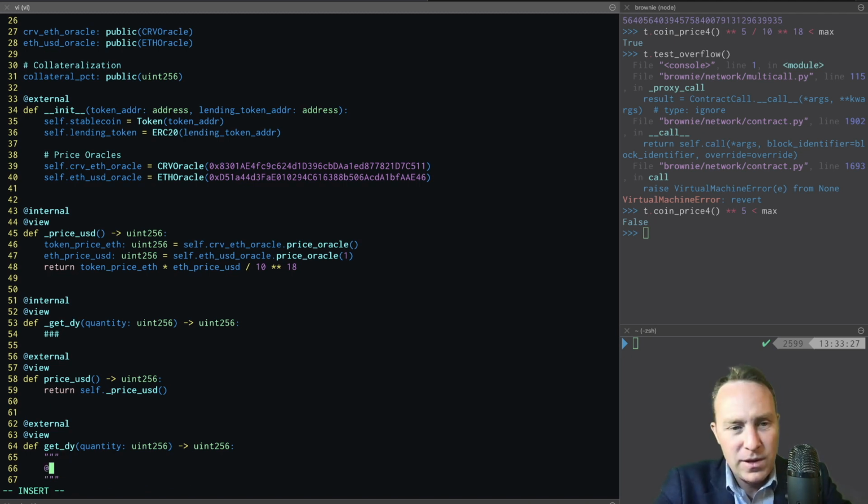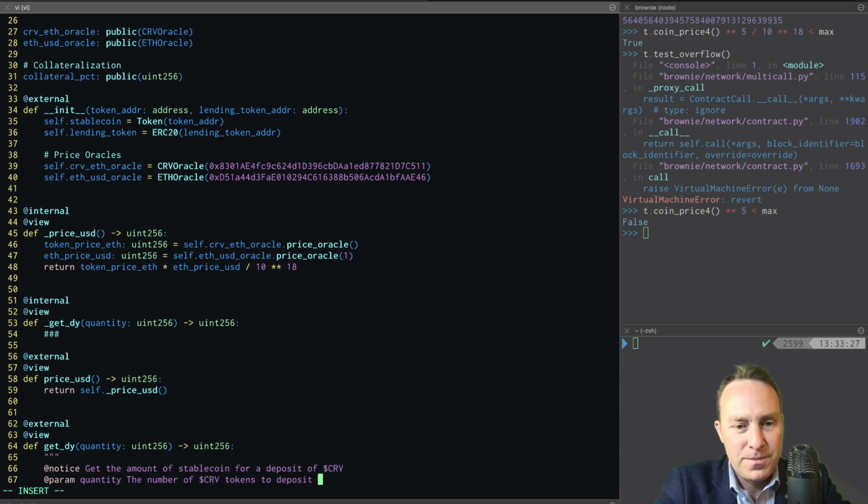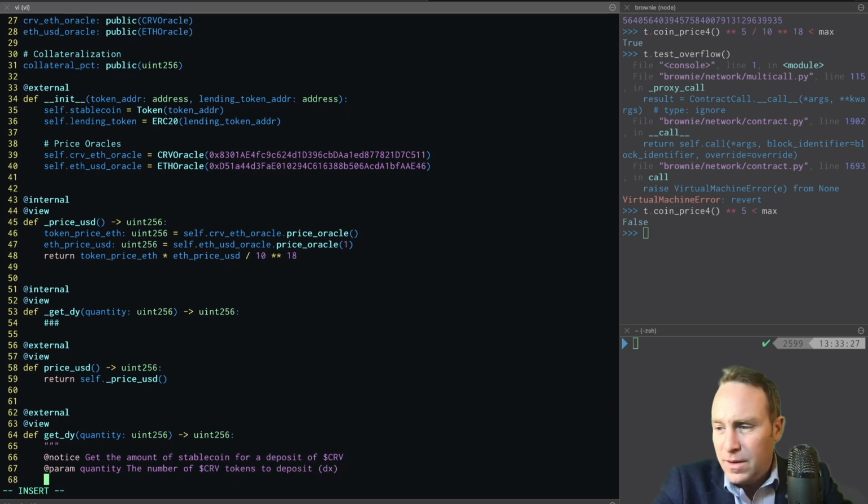So our doc strings will include a notice that this is going to get the amount of stablecoin for a deposit of curve. Our only param will be the quantity, the number of curve tokens to deposit, and our return will be the number of crvUSD stablecoins returned.